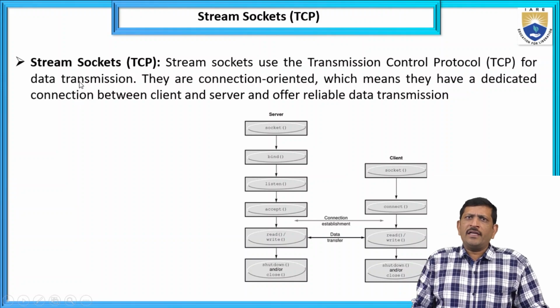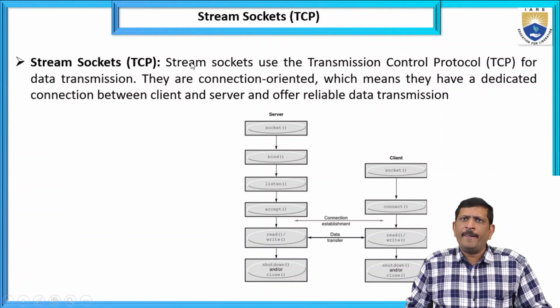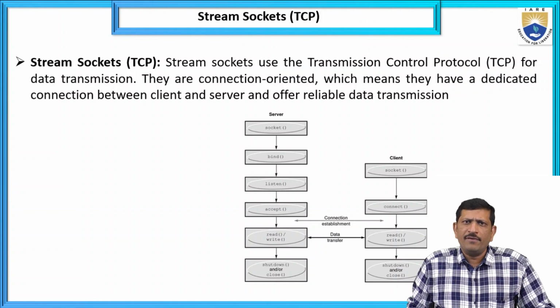Stream socket. The second type of socket in communication is the stream socket, where we can implement the TCP protocol. We can frame the protocol with a set of rules and regulations.